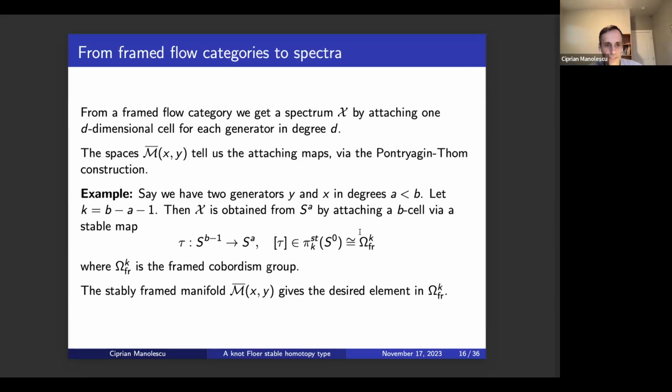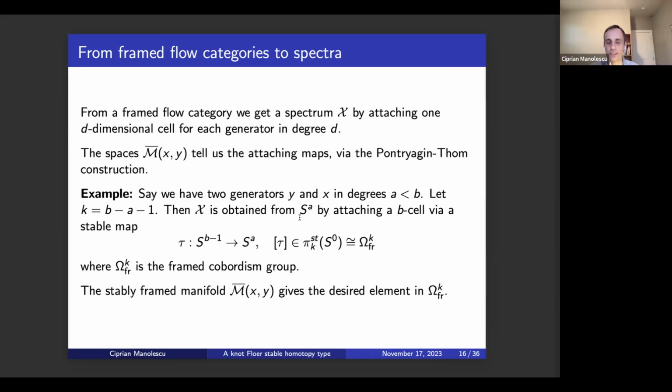in dimension K. In this case, you don't have any boundaries because you just have two generators. You have one moduli space, which is a compact manifold, and that's exactly of dimension K. If you have the framing, that gives you an element in the framed cobordism group. So Cohen-Jones-Segal, this is the simplest version.